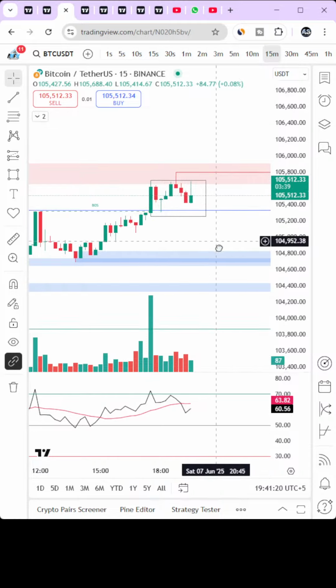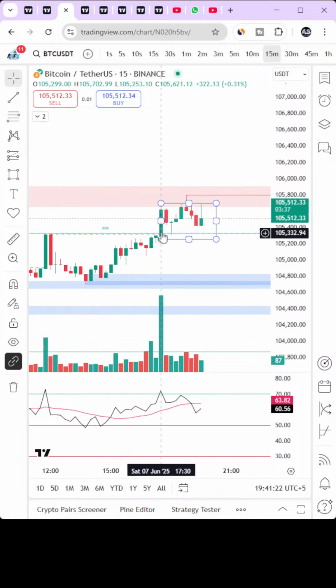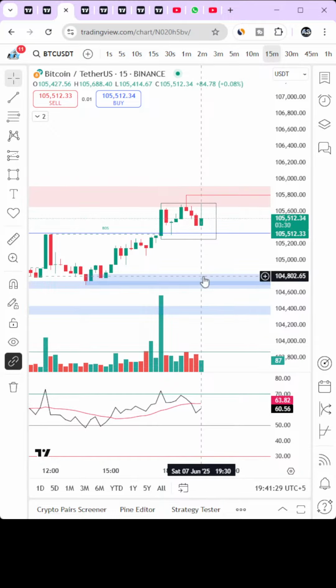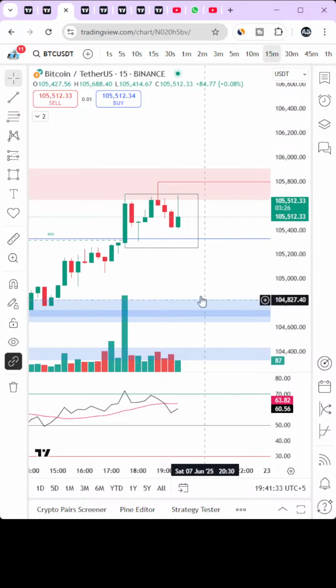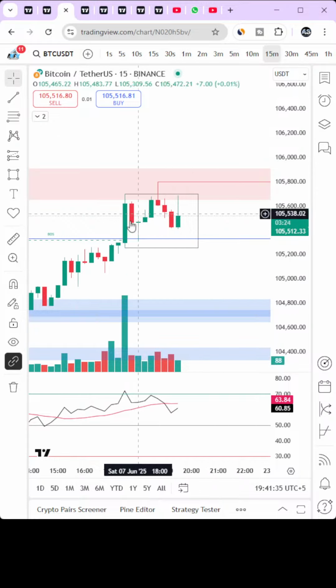Now you can see here 1, 2, 3, 4, 5, 6, 7, 8. There are 8 candles which are in circle in this candle.